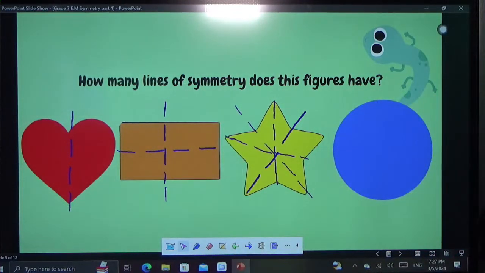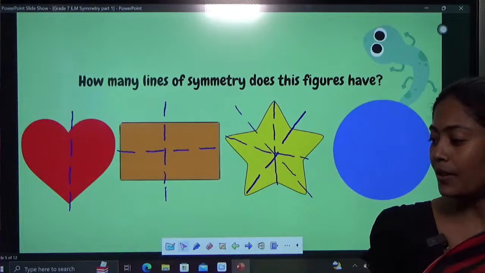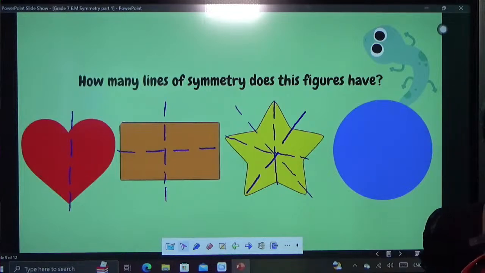Circle. In grade 6 also you learned in the first lesson about the circle, so you can find out how many symmetrical axes are in a circle. Try to draw.